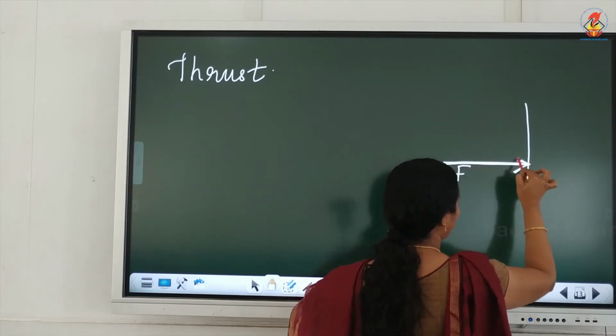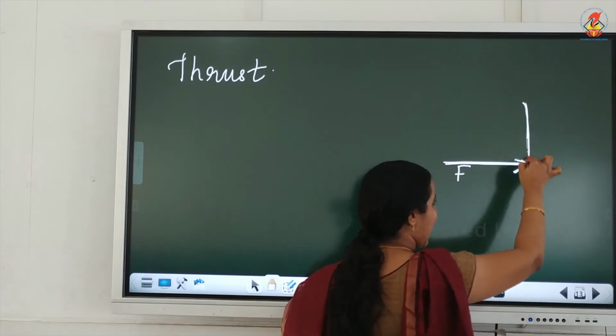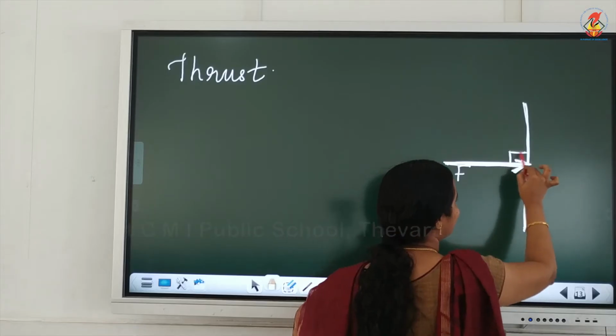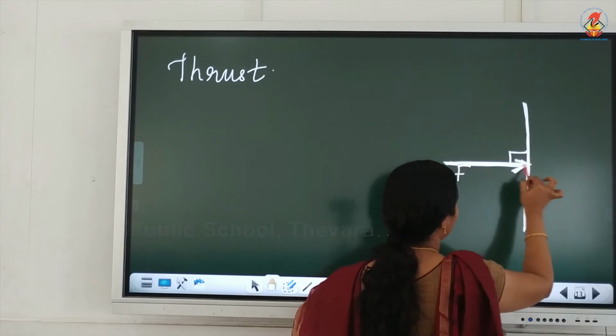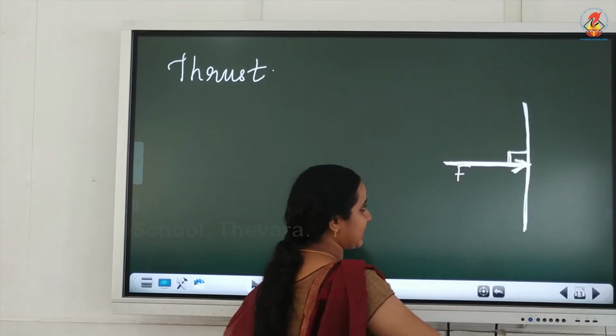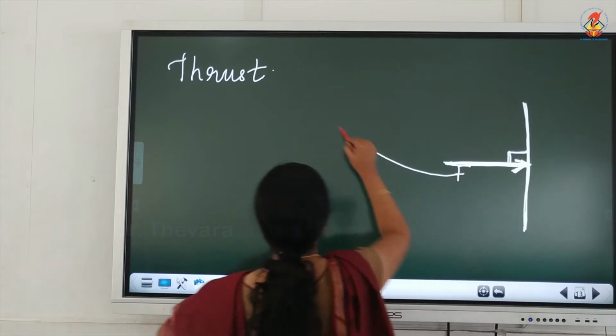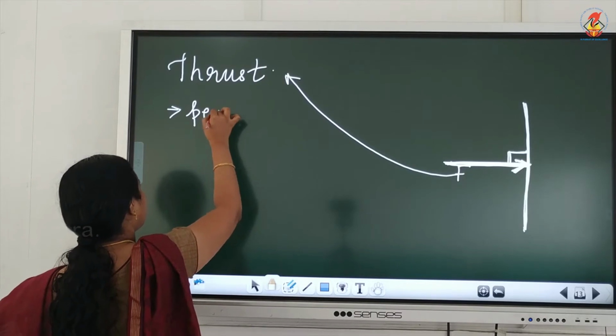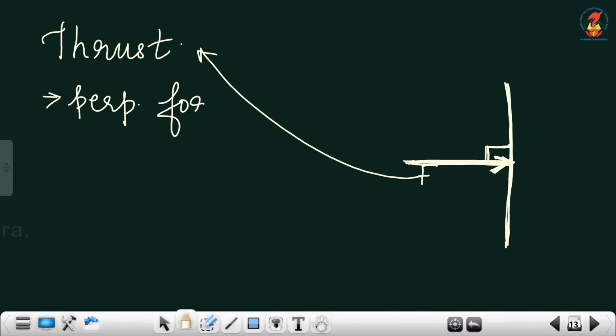The direction of force and the wall is perpendicular to each other, or in other words, the angle between the force vector and the surface to which we apply force is 90 degrees. Such a perpendicular force is known as thrust. So thrust is a perpendicular force acting onto a surface.